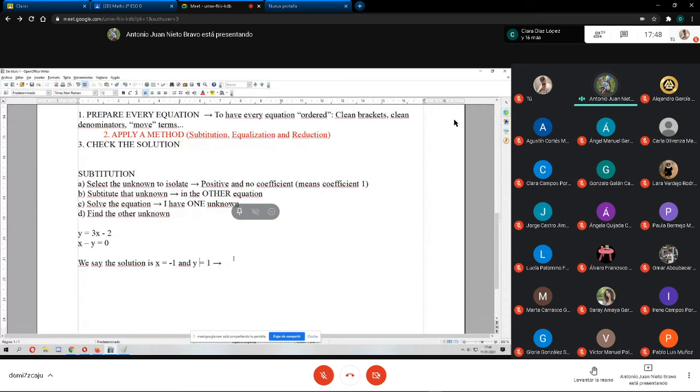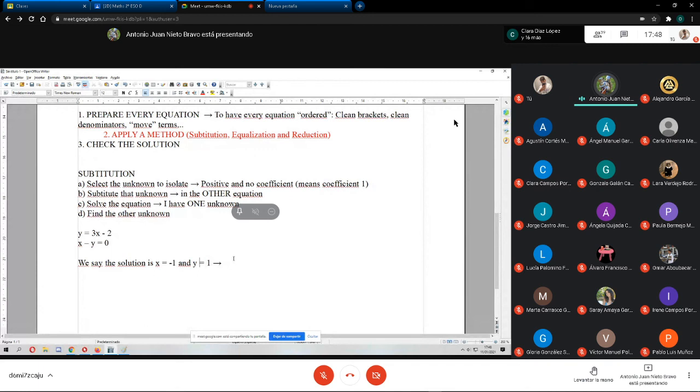What am I going to do now? Well, I'm going to go to this equation, and instead of x, I'm going to write 8 minus 2y. Okay. Do you understand the idea? I'm going to go to this equation, but instead of x, we are going to substitute the x using 8 minus 2y. So what does it mean?